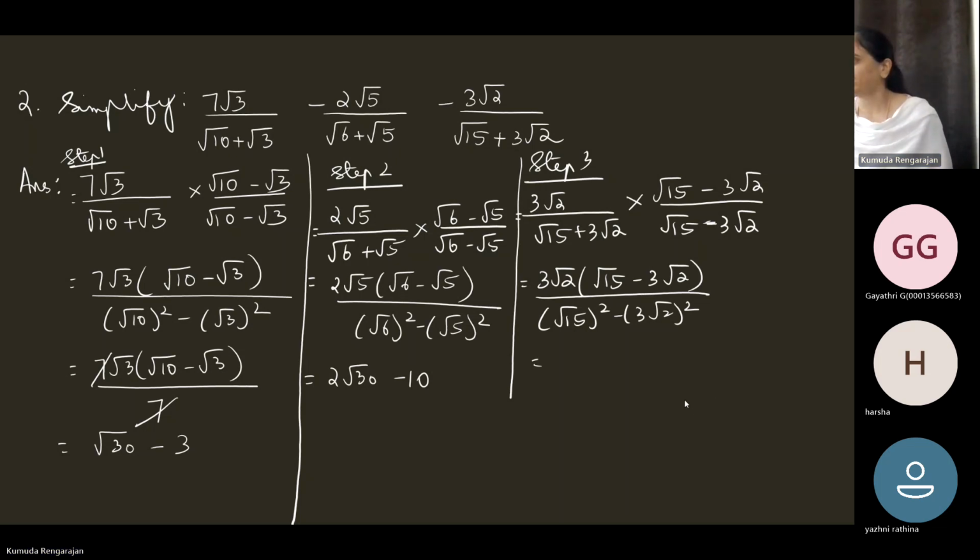No. Have we written the question correctly? 7 root 3, 2 root 5. Okay, for step 3, 30 plus 6. There you have gone wrong.